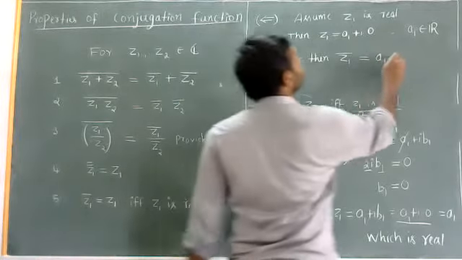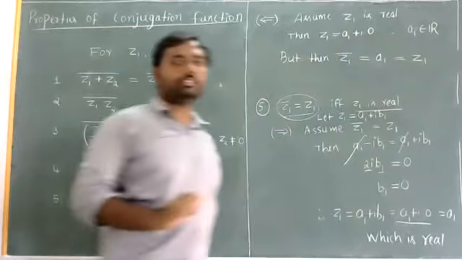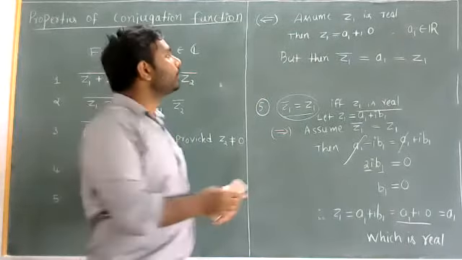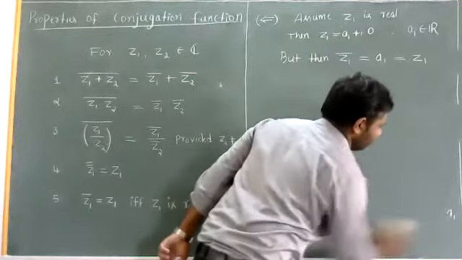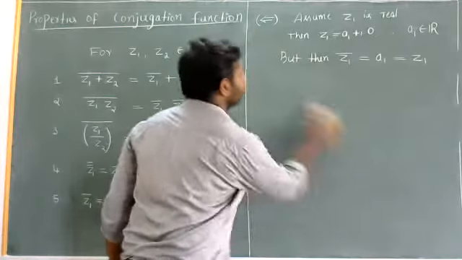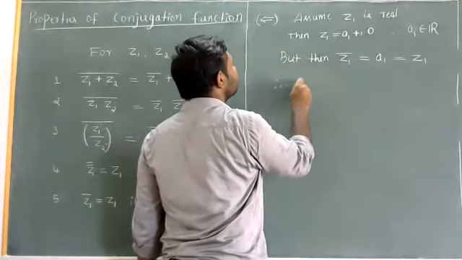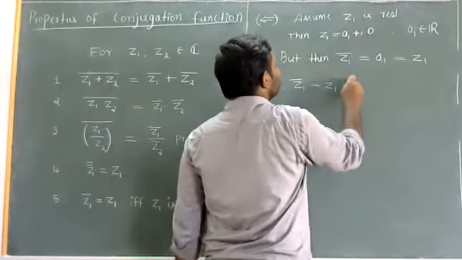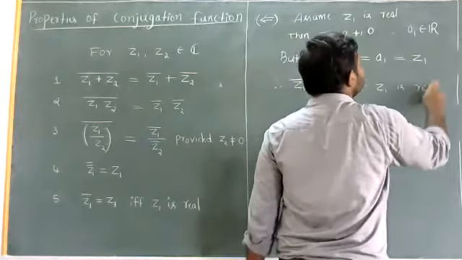Right? What is A1? It is nothing but Z1. So what we proved? So hence, therefore, Z1 bar is nothing but Z1 if and only if Z1 is real.